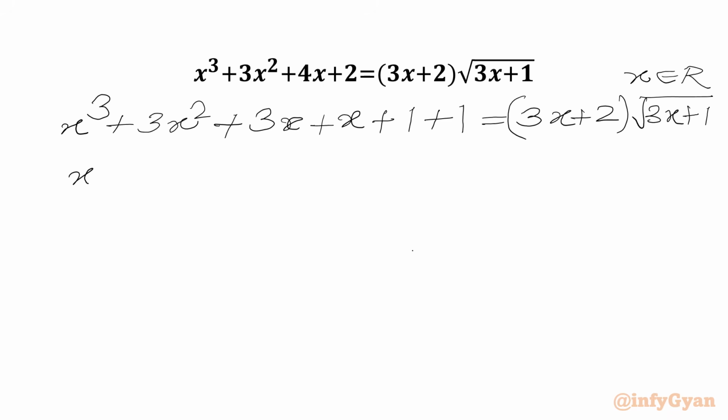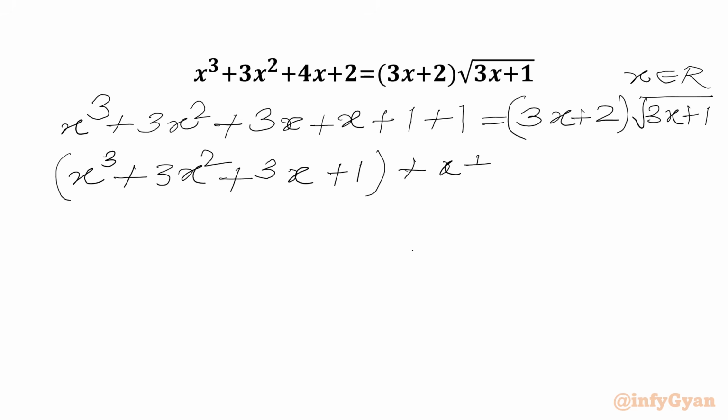Now we will pick x cube, we will pick 3x square, we will write 3x and we will consider 1, and the remaining terms we will write x plus 1, equal to 3x plus 2 times square root of 3x plus 1.